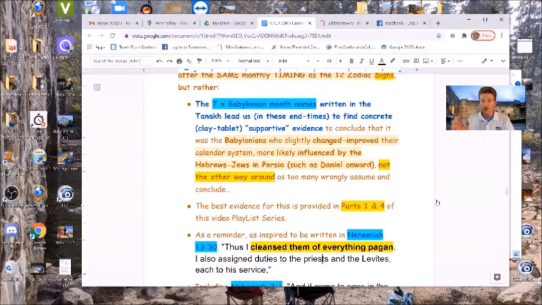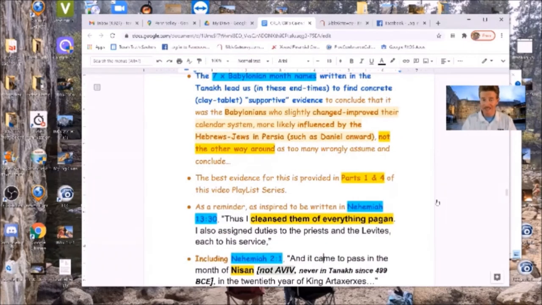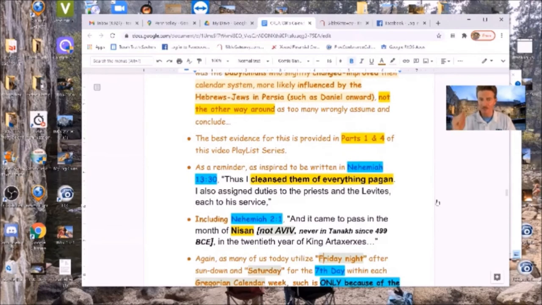But as a reminder, as inspired to be written in the book of Nehemiah, chapter 13, verse 30, he wrote, "Thus I cleansed them of everything pagan. I also assigned duties to the priests and Levites, to each in his service," including what he wrote in Nehemiah chapter 2, verse 1: "And it came to pass in the month of Nisan," not Aviv.